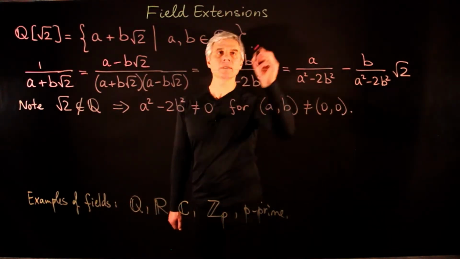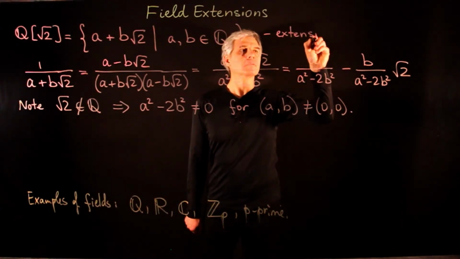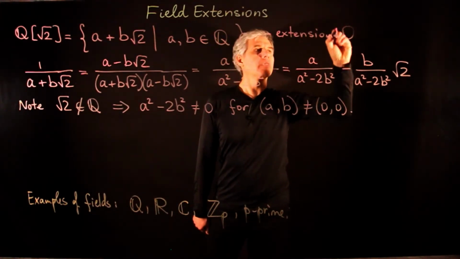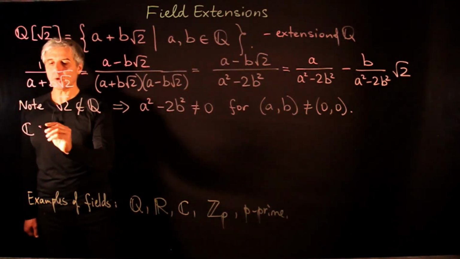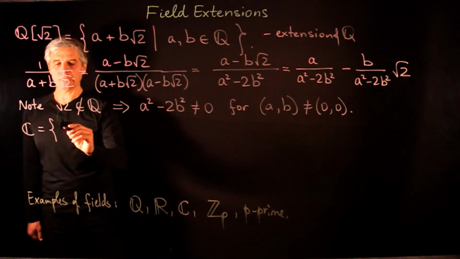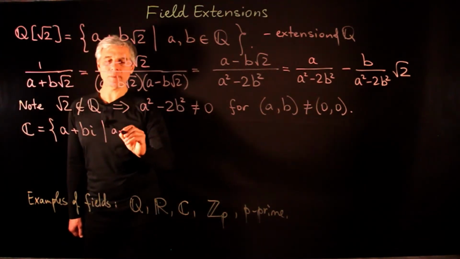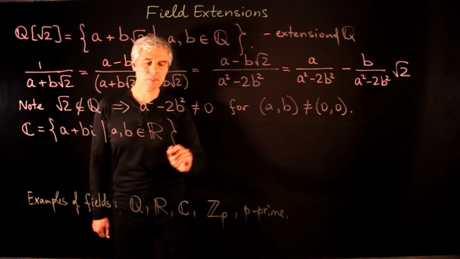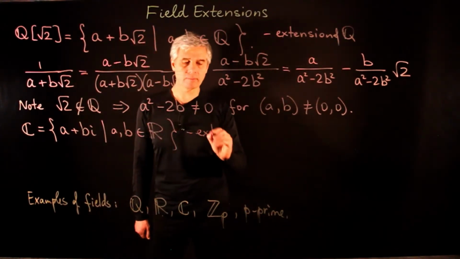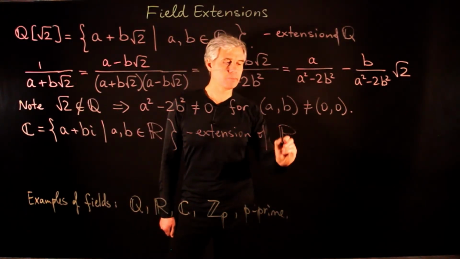So this field is viewed as an extension of the field of rational numbers. In a similar way, the field of complex numbers is written as a plus bi, where a and b are real numbers, and this can be viewed as an extension of the field of real numbers.